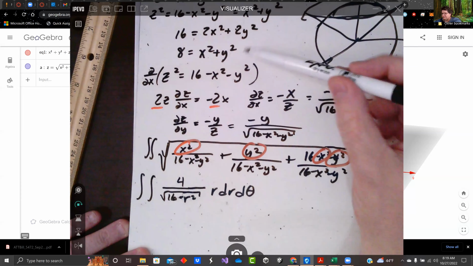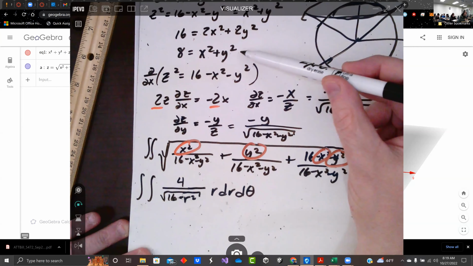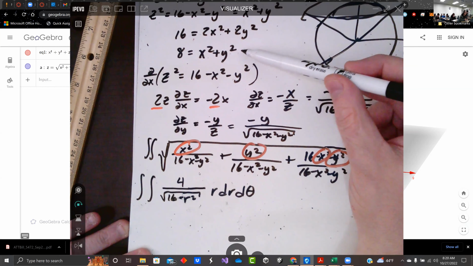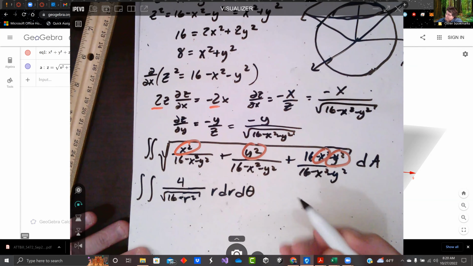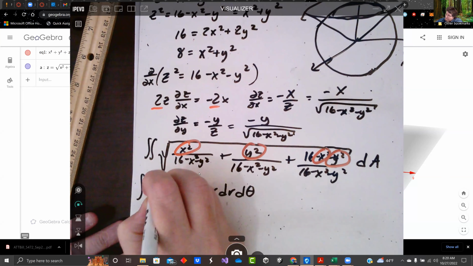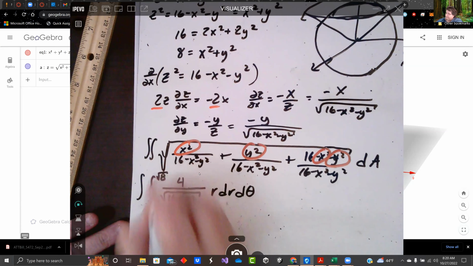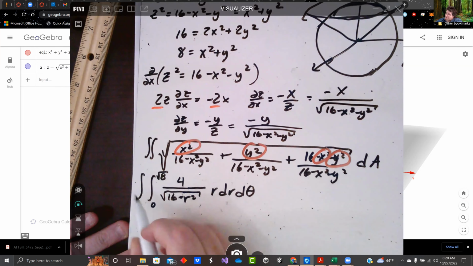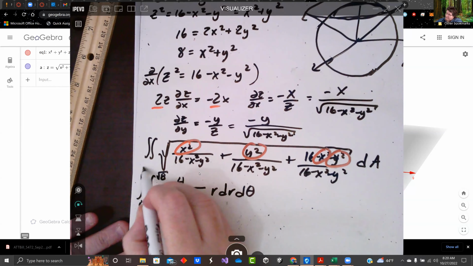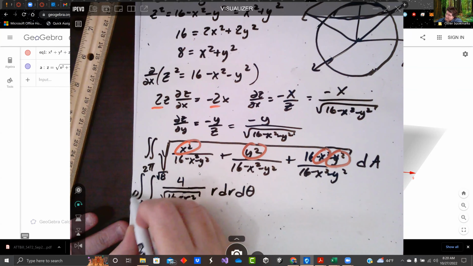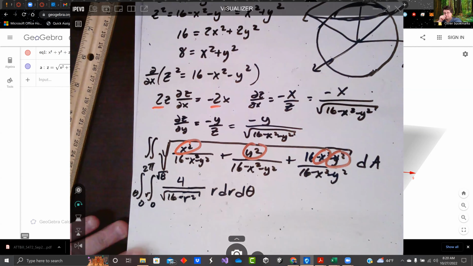R comes from this: x squared plus y squared equals 8, so r is the square root of 8. And theta should be 0 to 2 pi, because it's the full circle.